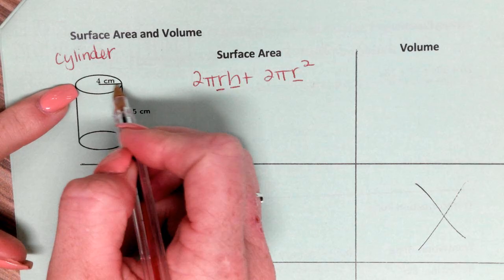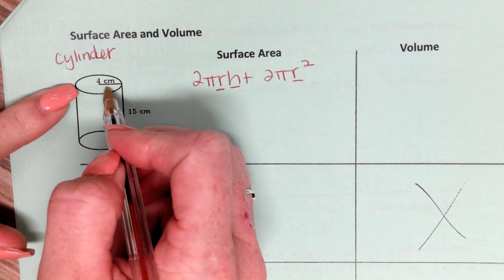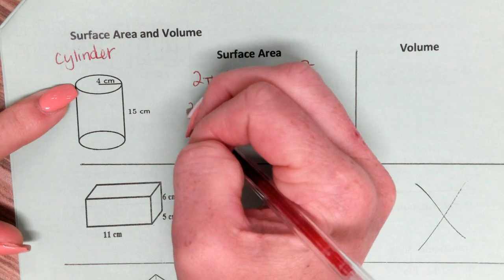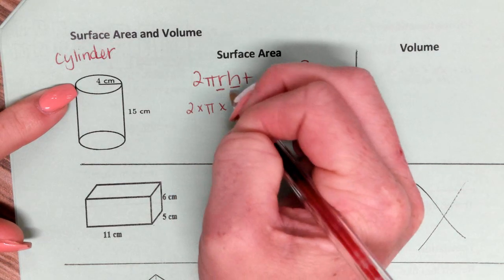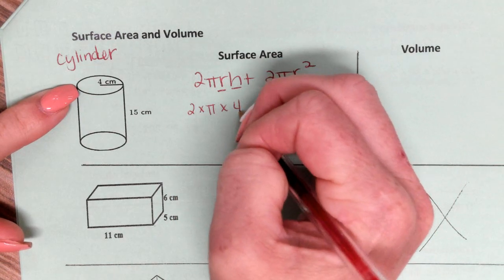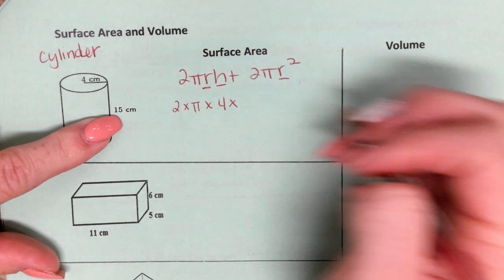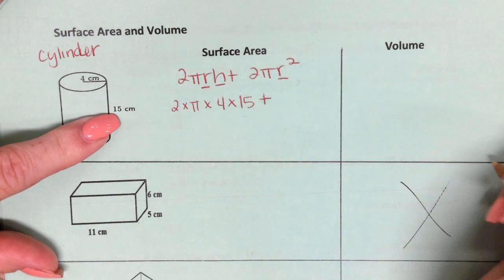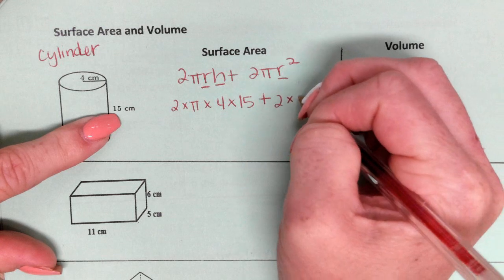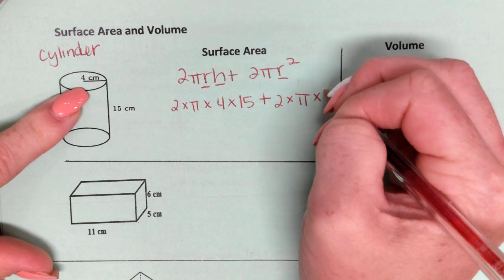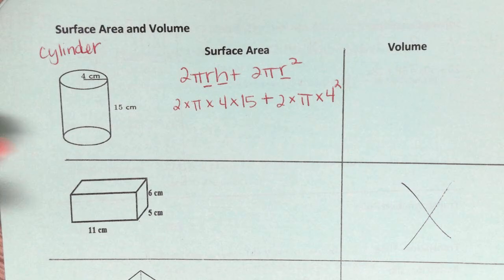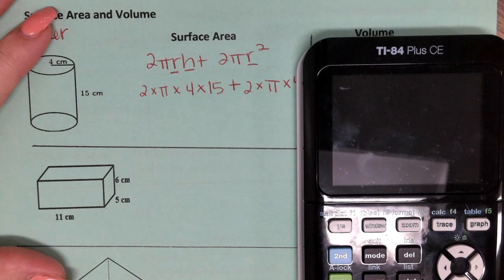Radius goes halfway through. Did they give you a radius? All right, so how would I do this? 2 times pi times what's the r? Times what's the height? Plus 2 times pi times the r again to the second power. And then I want y'all to type that in your calculator, and that's your answer.